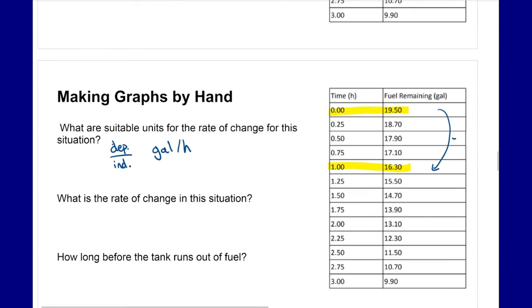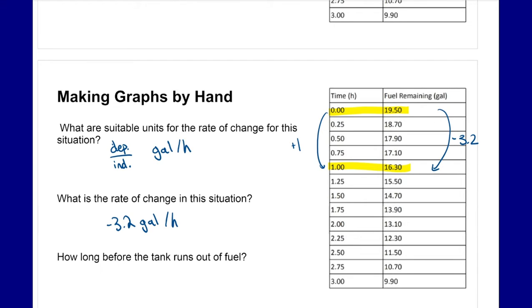So we're going down by 3.2 gallons. And that's a change that happened over 1 hour. So in this case, the rate of change is negative 3.2 gallons per hour.